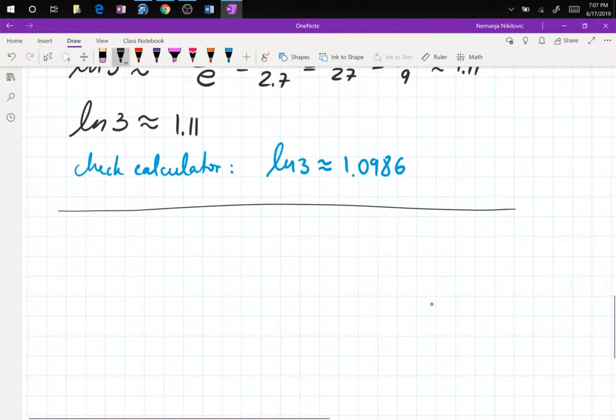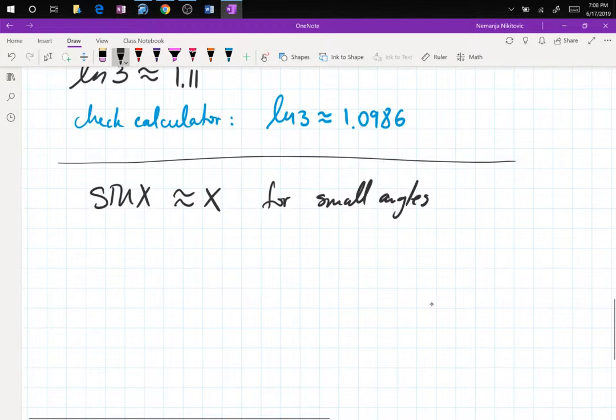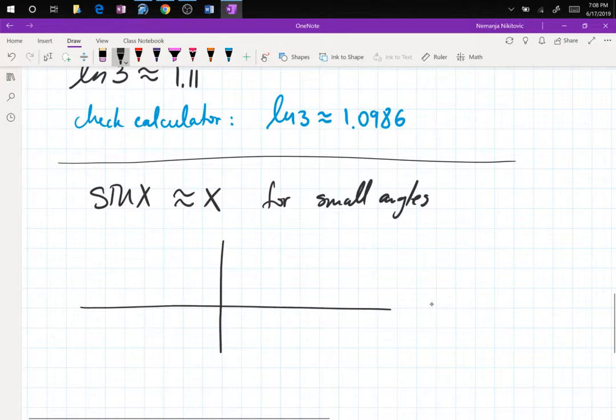Well, they want to approximate sine x by x for small angles. Okay, you have to be bigger or smaller than 1 and -1, right? That's the range of sine, but it's not relevant to what we're looking at.